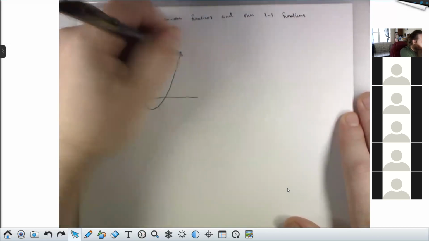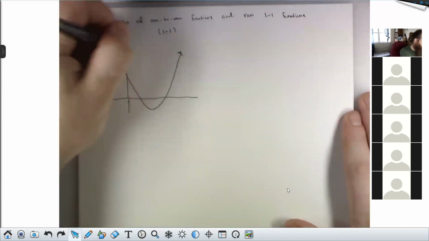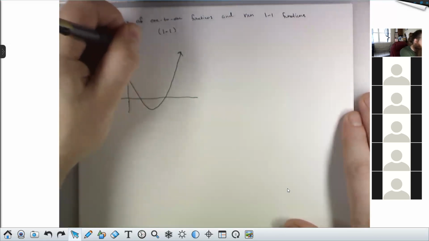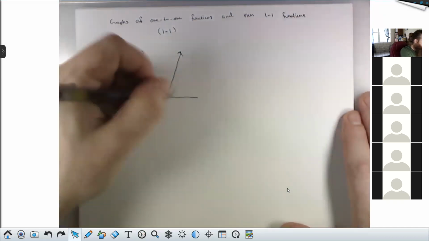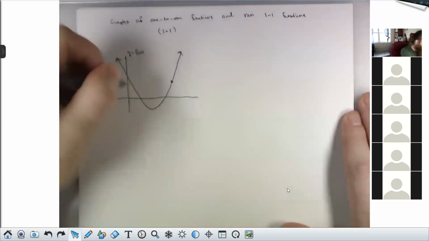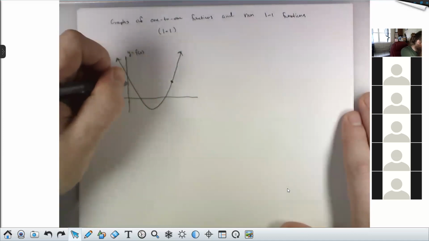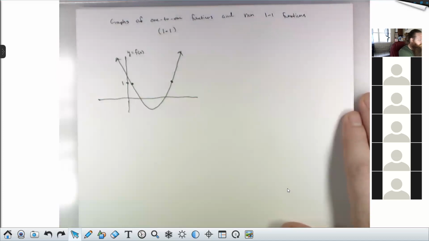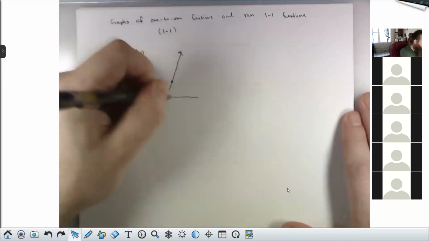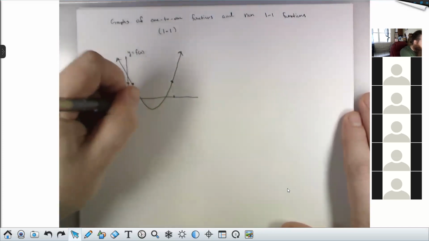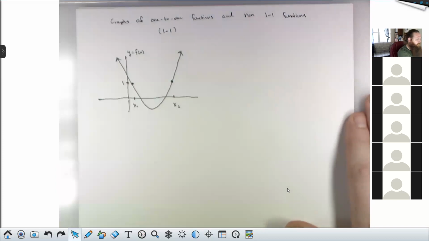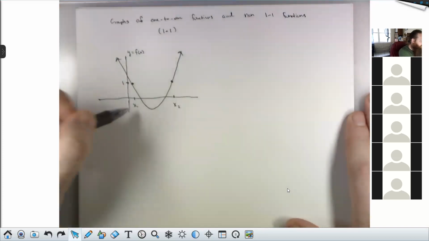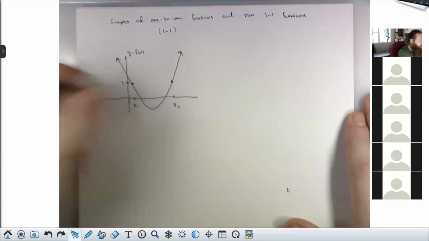So here's an example of a function. Say this graph is y equals f of x. And if I just pick on a specific y value here, let me call this y value 1. Notice that there's two x values, call this x1 and x2, that get sent to that same y value.